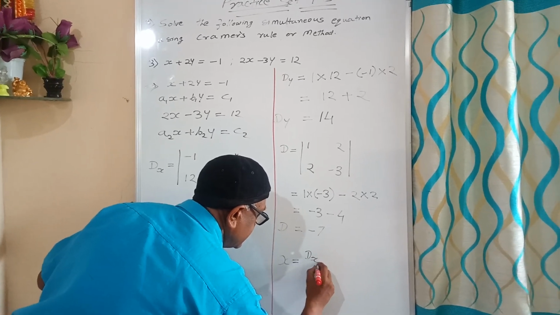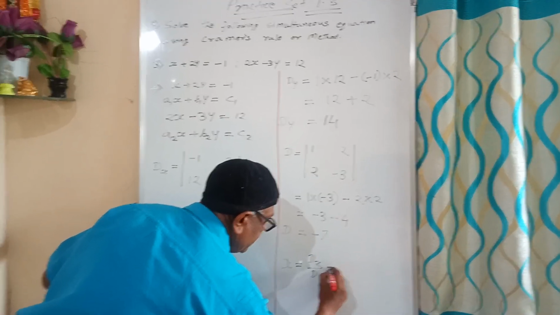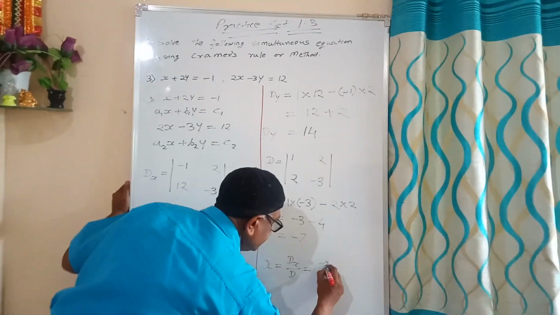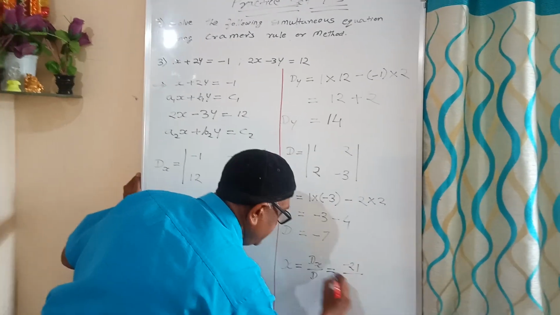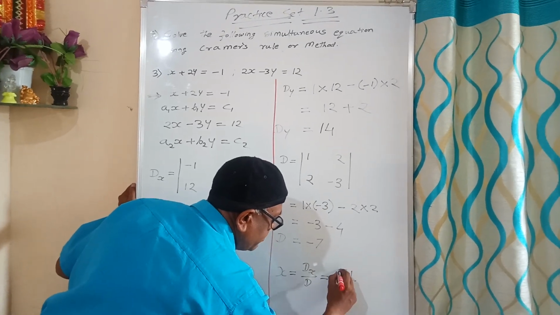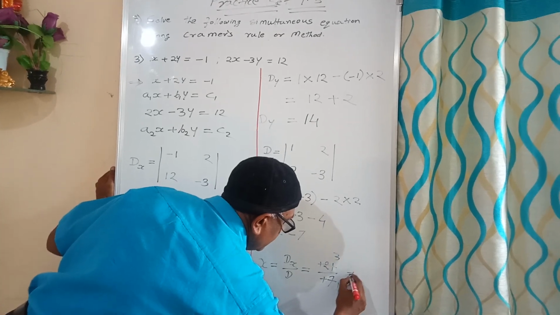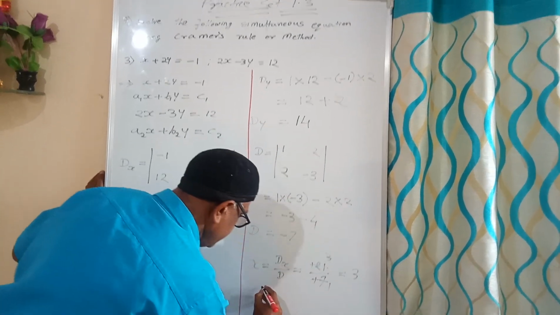Now x is equal to Dx upon D, which is equal to Dx is minus 21 upon D is minus 7. Minus minus get cancelled, 7 threes are 21, which is equal to 3.